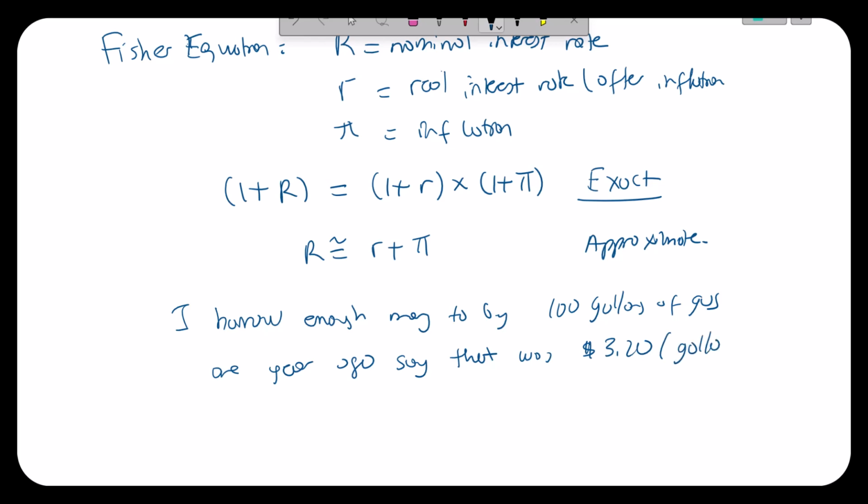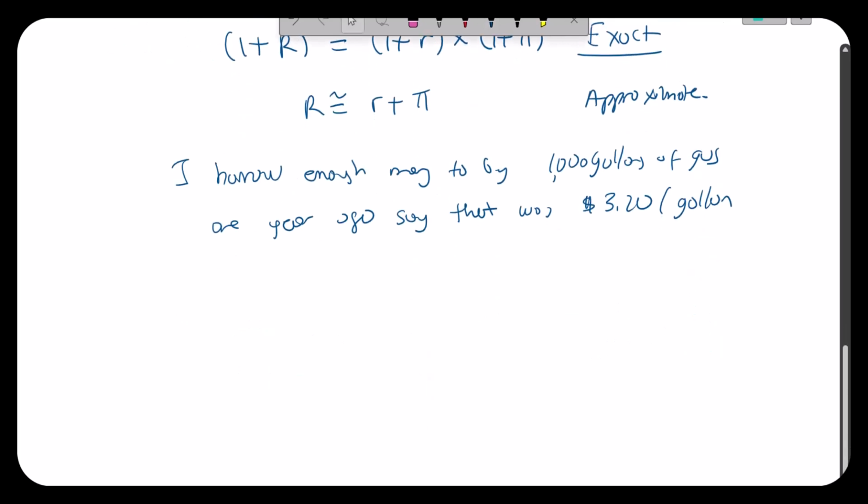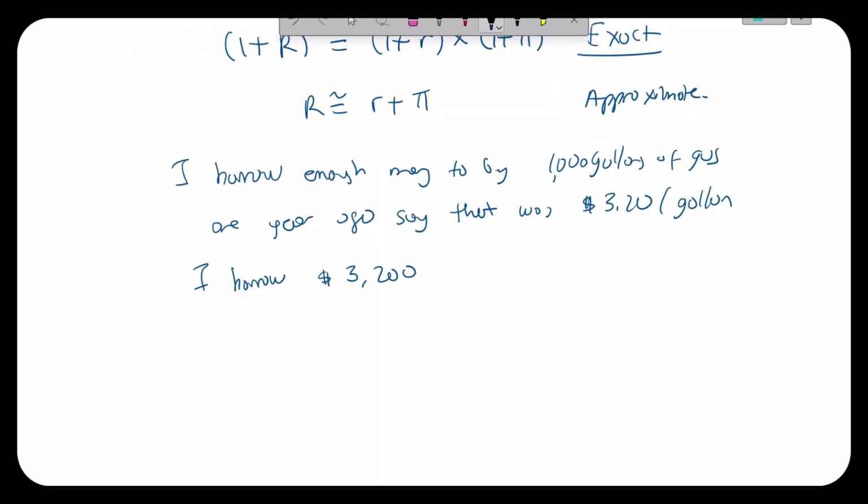So to make it easy, let's say 1,000 gallons. So I borrow $3,200, and let's say you want to charge me an interest rate of 10%. This is nominal.